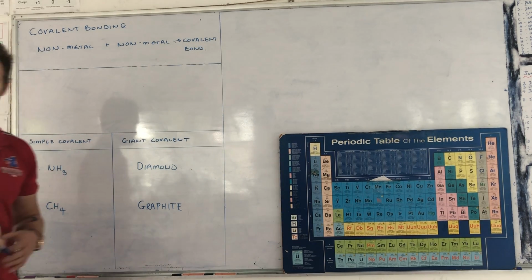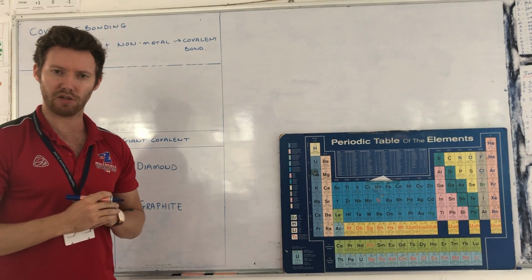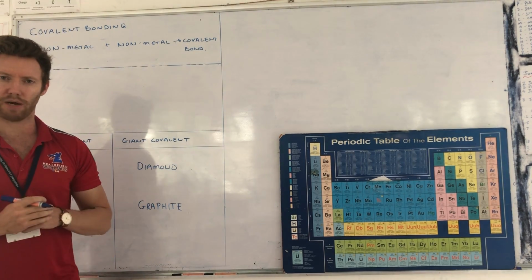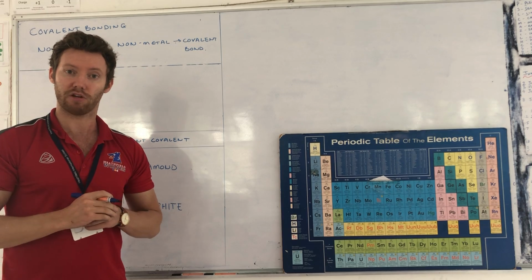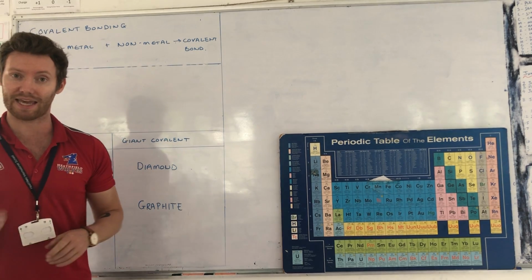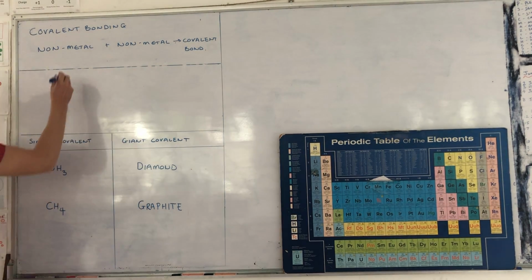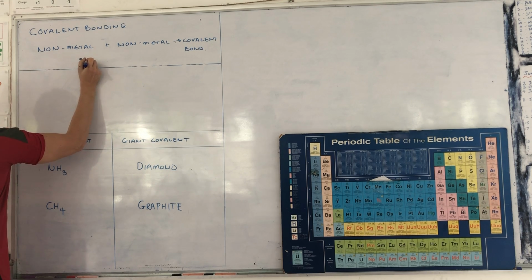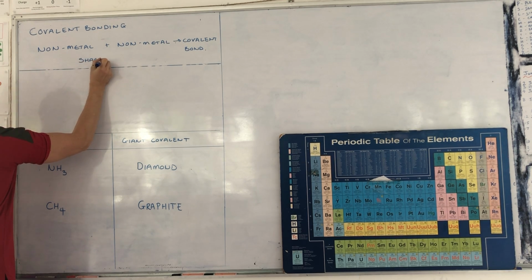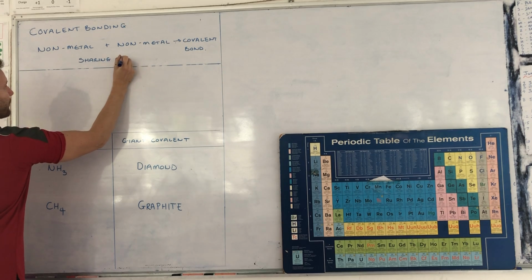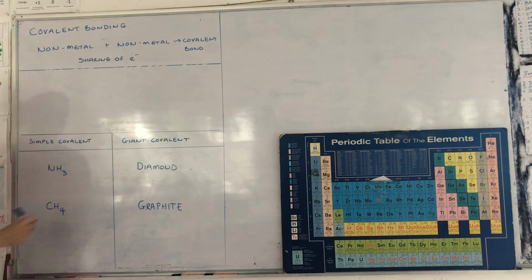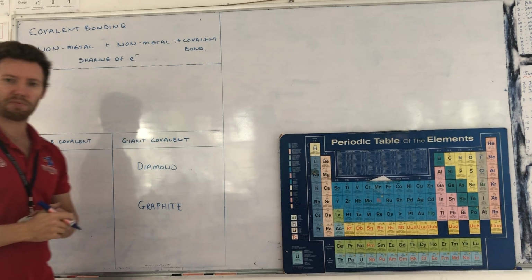Okay, so how do they do this? We need some key terminology once again, similar to our ionic bonding, but this time we're not transferring, losing, gaining electrons. We are simply having the sharing of electrons. Okay, this one's a little bit more technical.